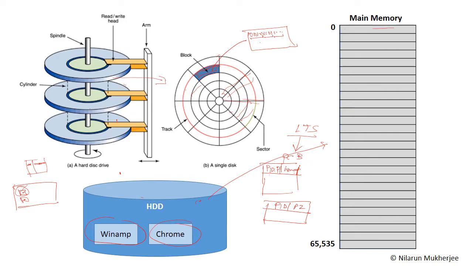How? So this is our memory. For simplicity, I suppose this is a 64 KB memory, and I am talking about a 16-bit system. So 2 to the power 16 is 2 to the power 6 plus 2 to the power 10. 2 to the power 10 is 1 KB, and 2 to the power 6 is 64, so we get 64 KB memory.